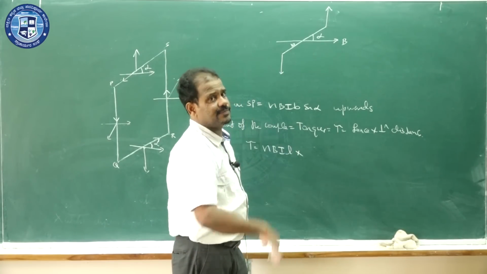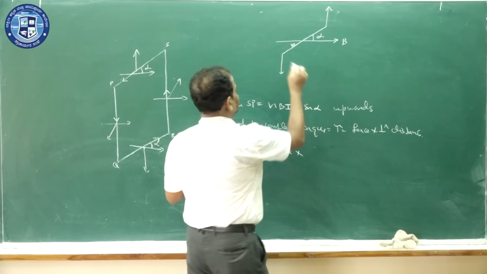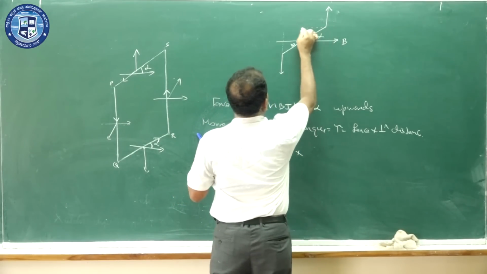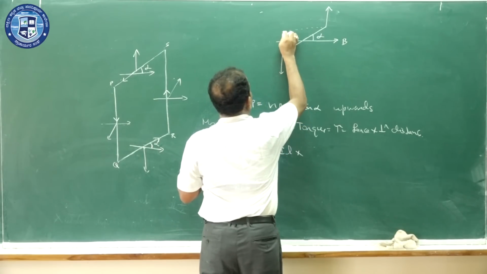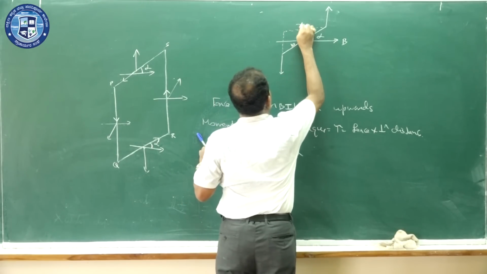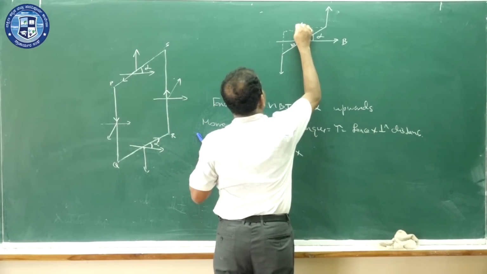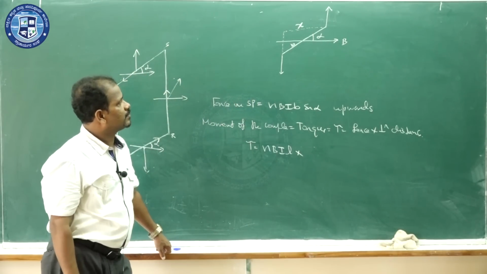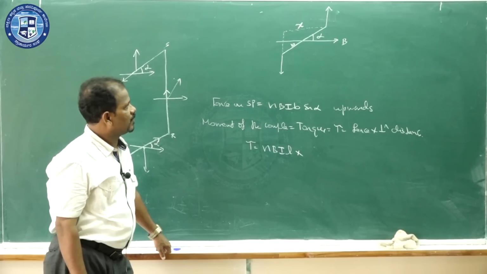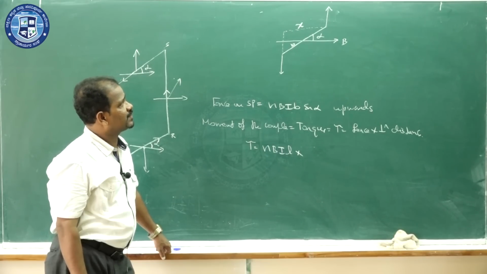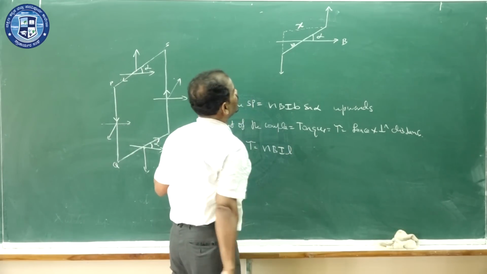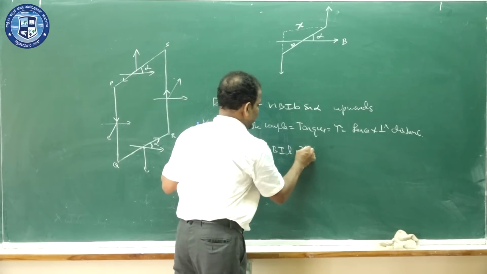So the coil turns. Which is the perpendicular distance? This is the perpendicular distance, I call it x. So NBIL into x.